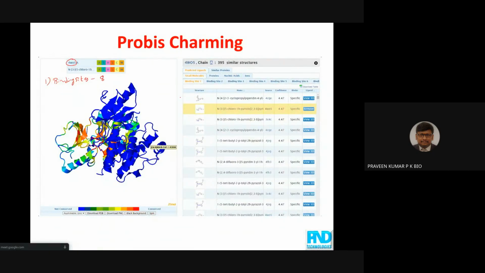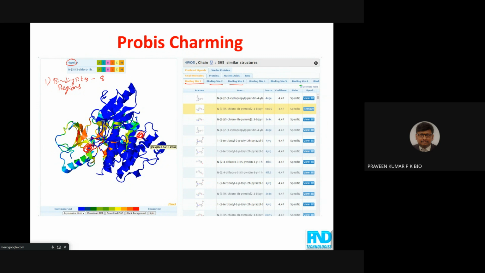These are binding site regions, not just a single binding site. So see here, binding site 1, binding site 2, binding site 3. Whatever particular region you find here might be binding site 1, and here, this is binding site 2. Like this, we have different binding sites in the protein.